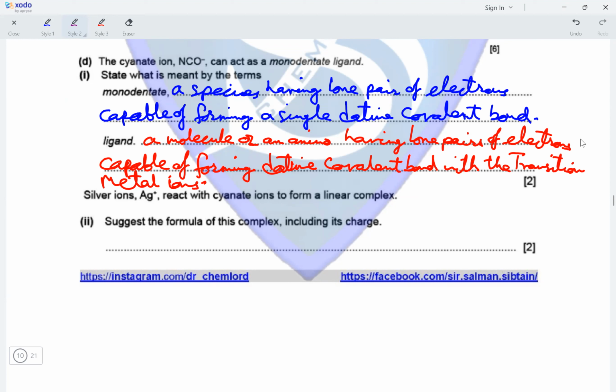So the formula of the complex would be Ag(NCO)2, and the overall charge would be minus 1, because plus 1 and minus 2 forms a charge of minus 1.